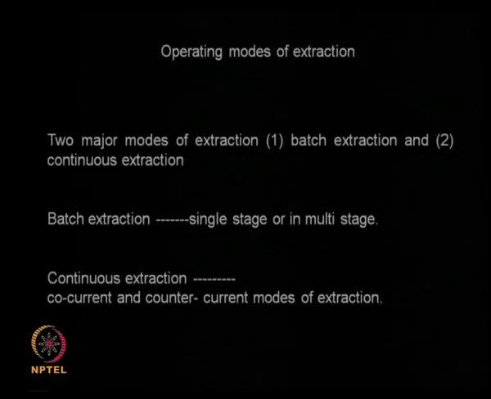That is called a multi-stage batch operation. The continuous extraction can be done either in a co-current mode or in a counter-current mode. That means both the streams may be flowing in the same direction, and that is called co-current, or the streams could be flowing in opposite directions, that is called counter-current. Counter-current is generally preferred because the extraction efficiency is much higher than the co-current mode.